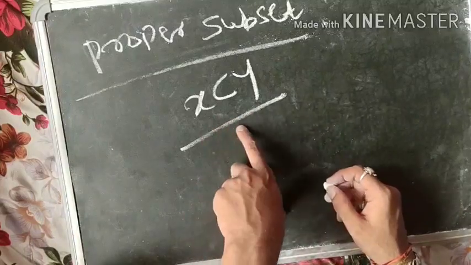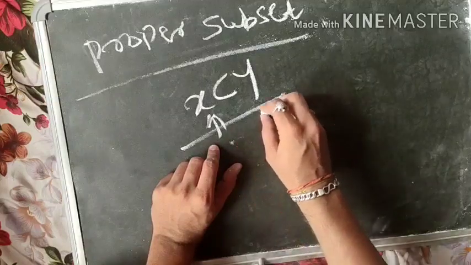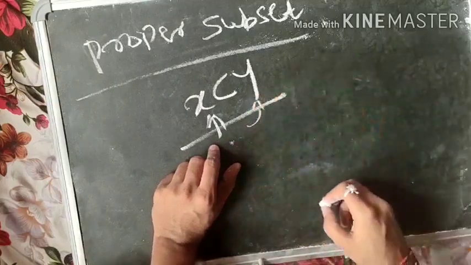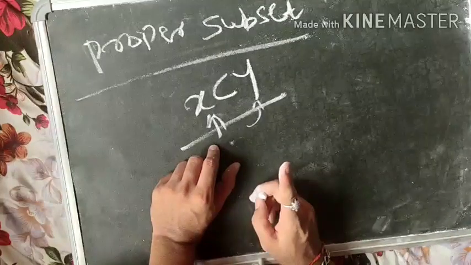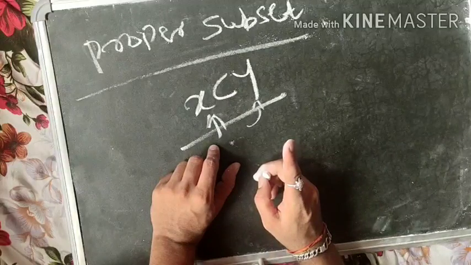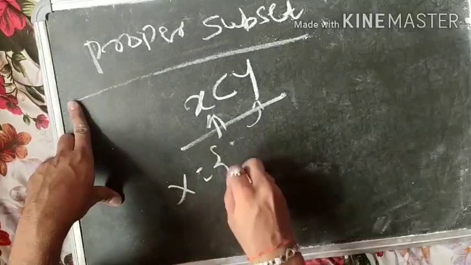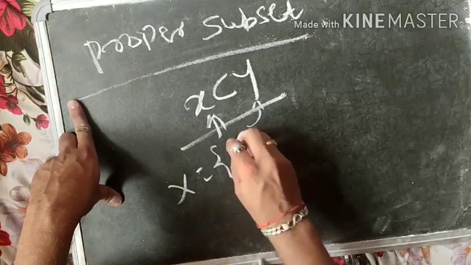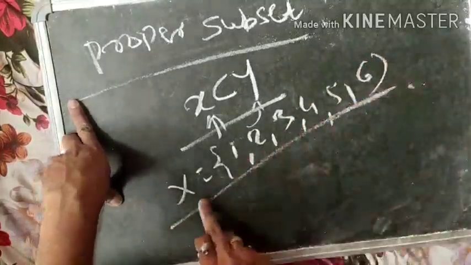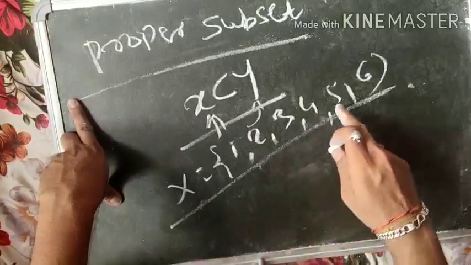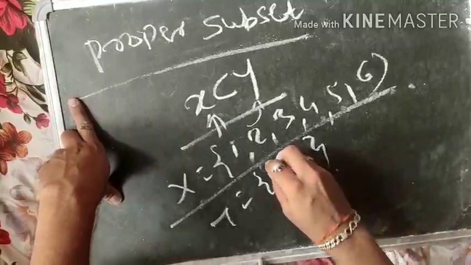X is a proper subset of Y if every element of X is an element of Y, but at least one or more elements of Y are not in X. For example, suppose X contains 1, 2, 3, 4, 5, 6, and Y contains 1, 2.